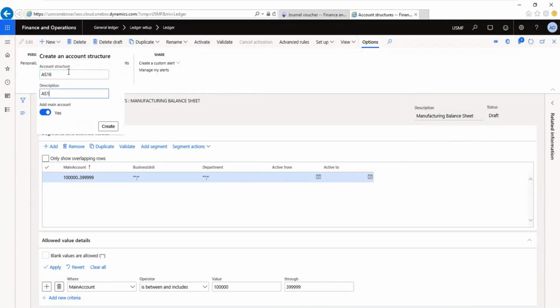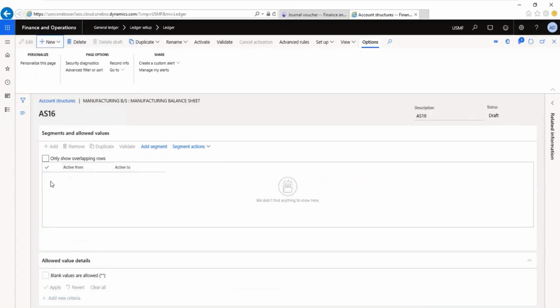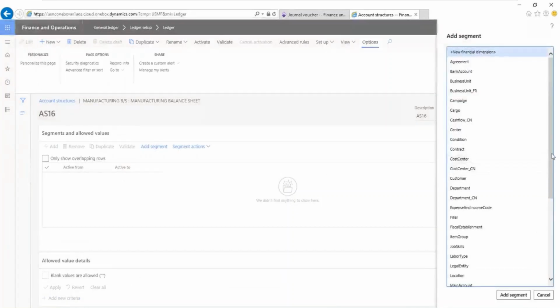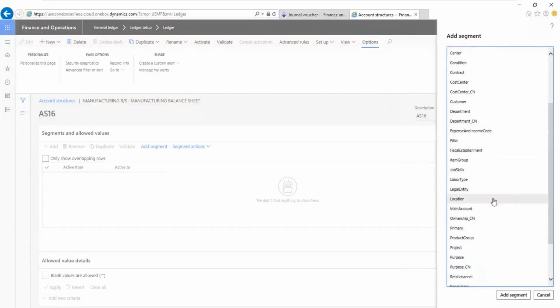Yes, you must select it. I can deselect here and create it without the account, but it is mandatory. You need to add the segment.